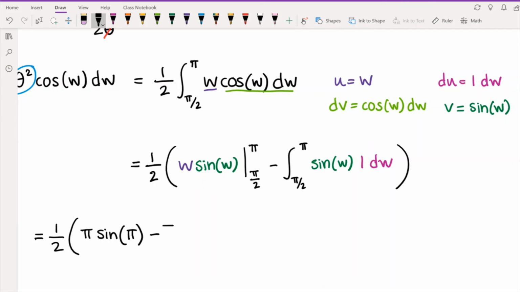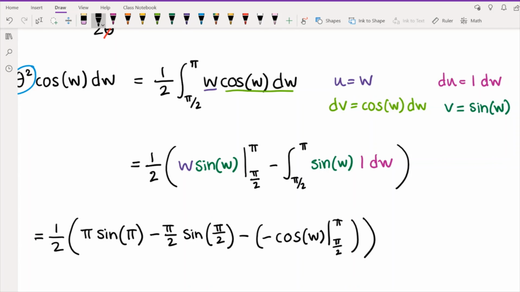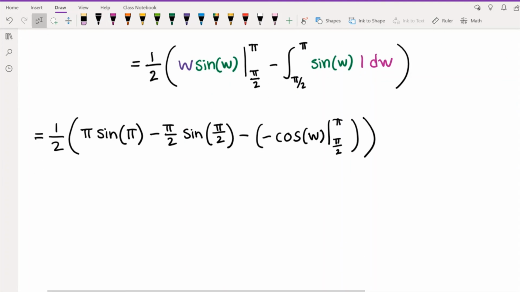And then we have minus pi over 2 times sine of pi over 2. And then from that, we're going to subtract. So the antiderivative of sine of w is going to be equal to negative cosine of w. So we have negative cosine of w, and we're evaluating that at pi and at pi over 2. So again, just be really careful. There's just so many places that you could make a mistake with parentheses or signs. That's definitely the biggest place people are going to go wrong in this.